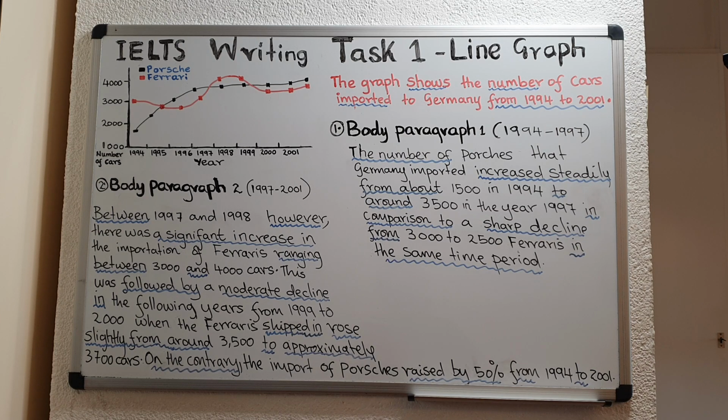And that is, the graph shows the number of cars imported to Germany from 1994 to 2001. And from looking at our graph, we know the cars are Porsches and Ferraris.